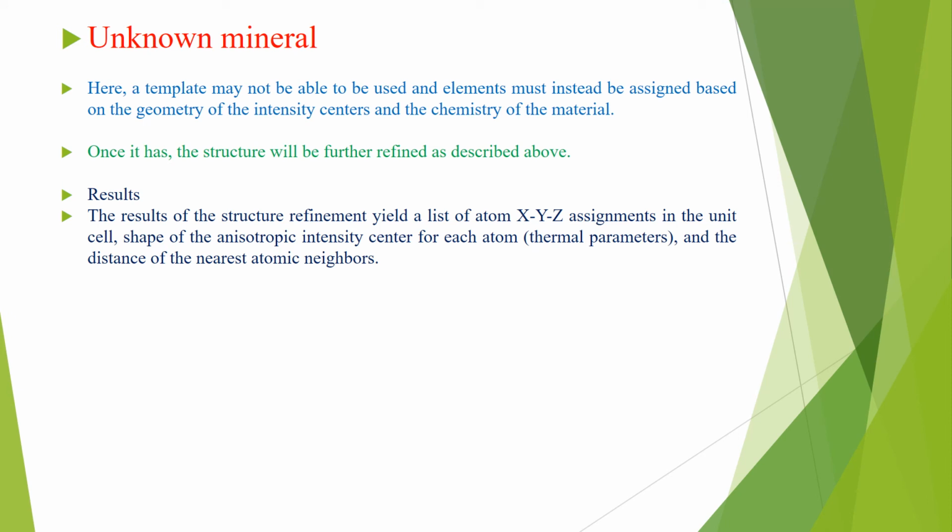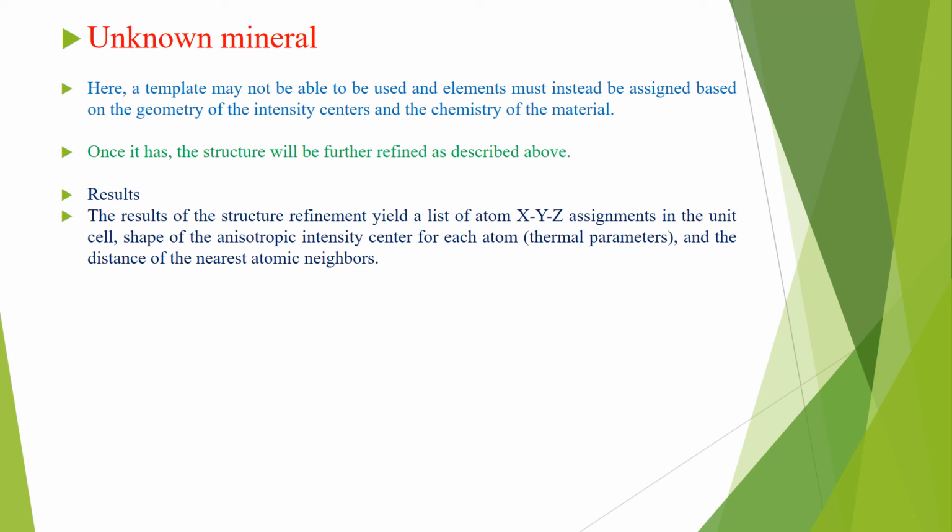The second procedure is when the material is unknown. More challenging is when the mineral is unknown or a new species. Here, a template may not be usable, and elements must instead be assigned based on the geometry of the intensity centers and the chemistry of the material.